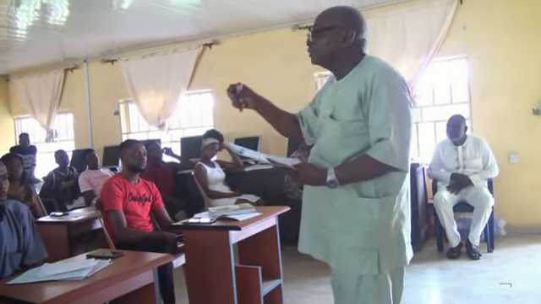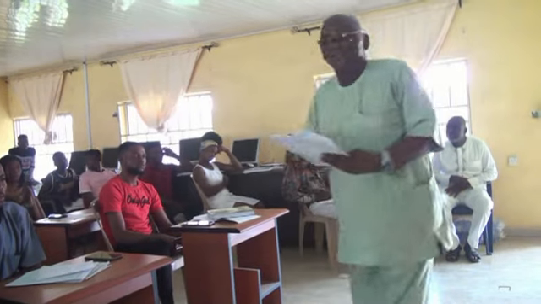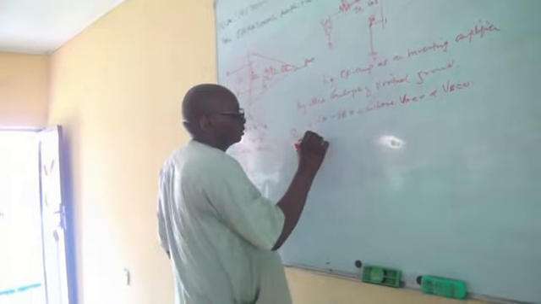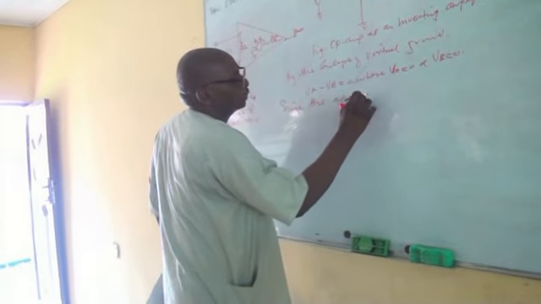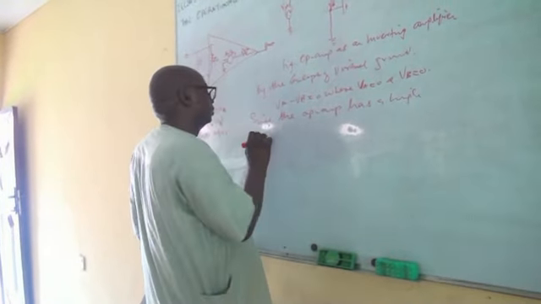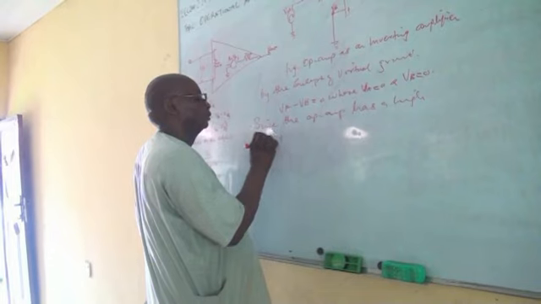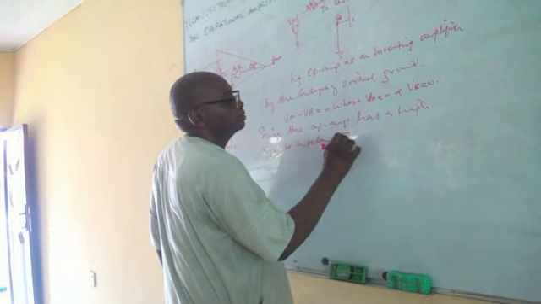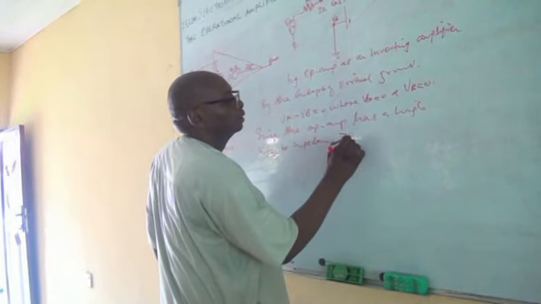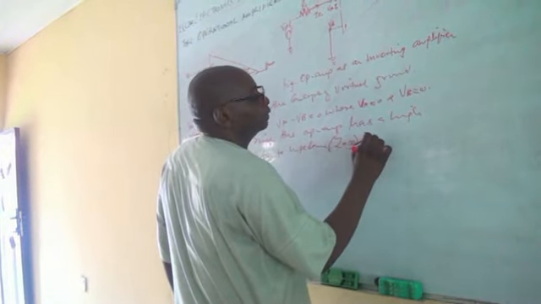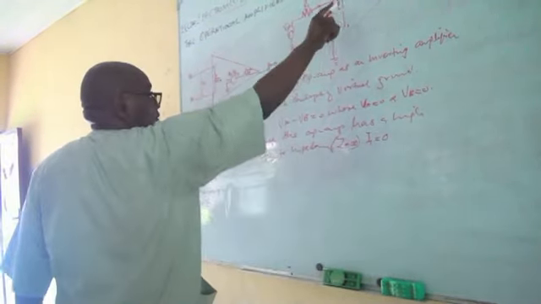Any resistance that's high will limit the current flow. So since the op-amp has a high infinite impedance Z, I1 will tend to 0.